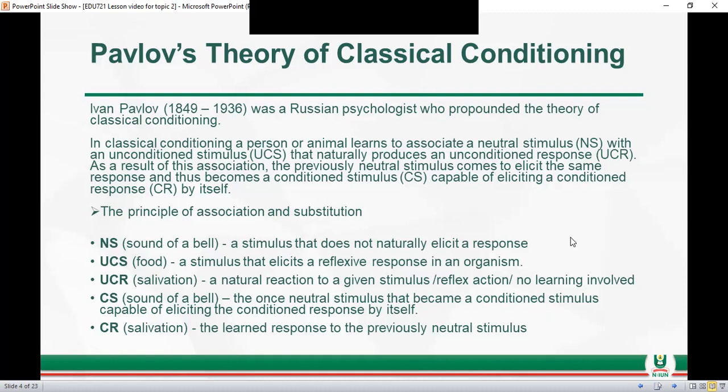They are very important in understanding Pavlov's theory of classical conditioning. These are concepts that are relevant to the understanding of this theory: NS, UCS, UCR, CS, and CR. Take your time to understand the meaning of these abbreviations in relation to this theory, so we don't waste time on this slide. Okay, so let's go on.